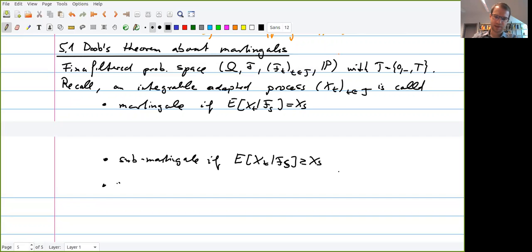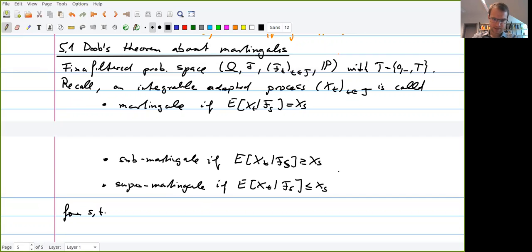And we have a super-martingale if the conditional expectation of X_t given F_s, the filtration at time s, is less. And this holds for all s, t in T.